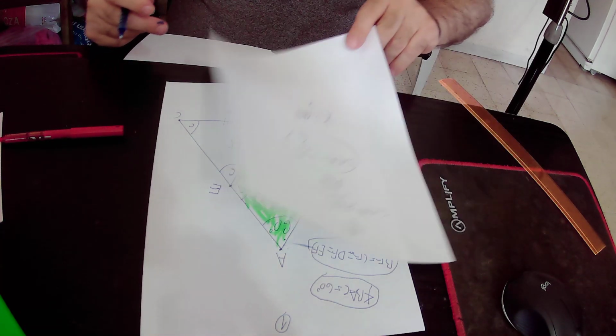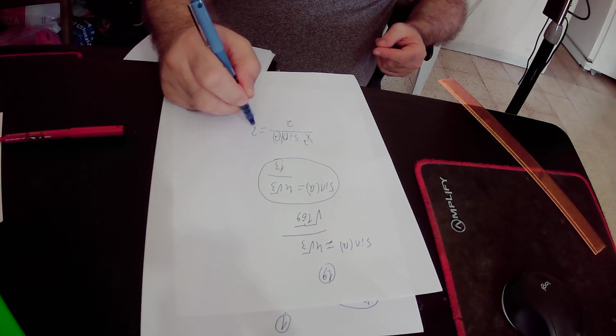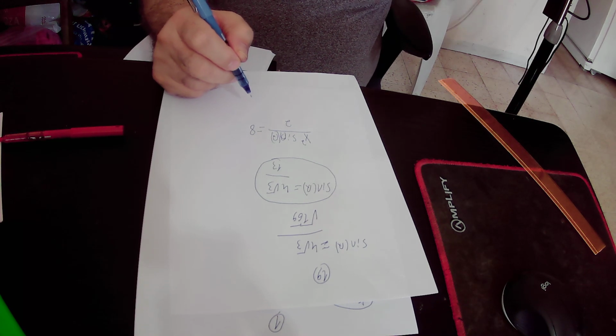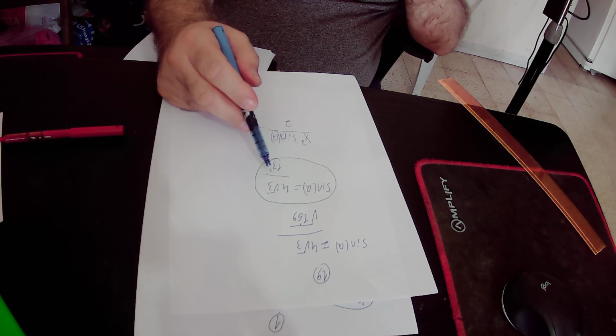And we have already found that sine q equals 4 times root 3 over 13.